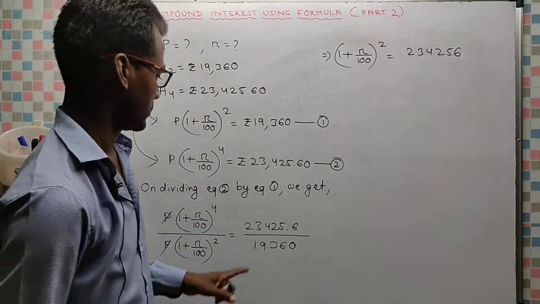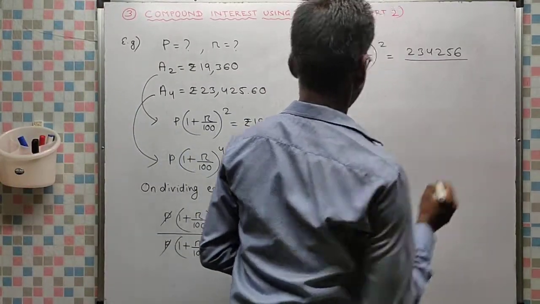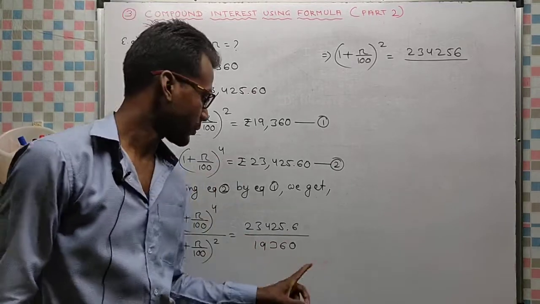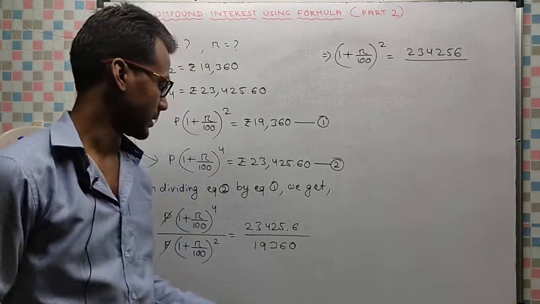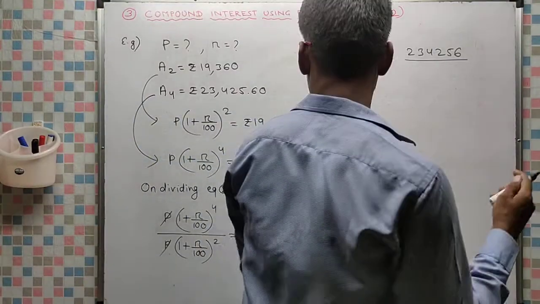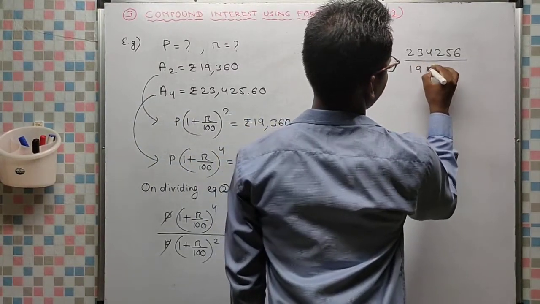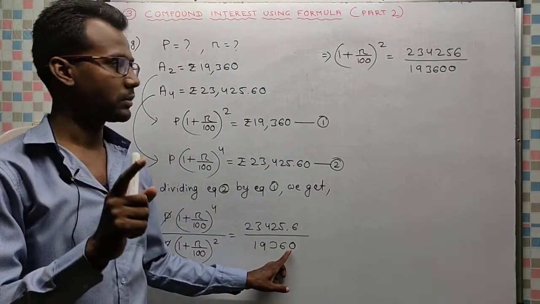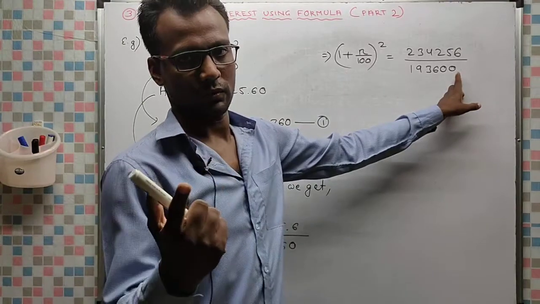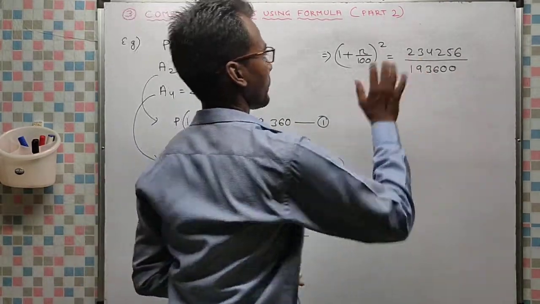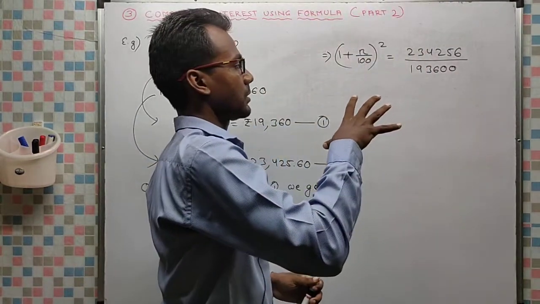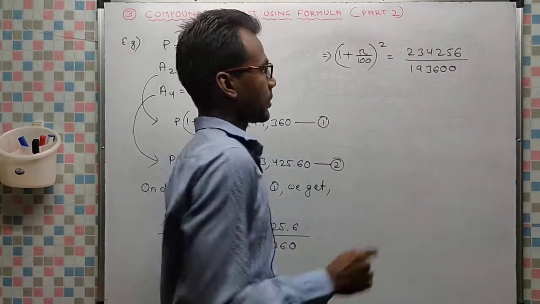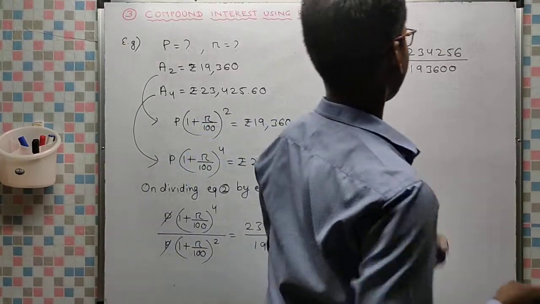We are calculating by 0.6, which means by 10, so I have to add a 0 here to remove the decimal. 193600, it was simply 10, I have added one more 0. We should be able to represent this as the square of some number because this is power 2. So let us simplify this.